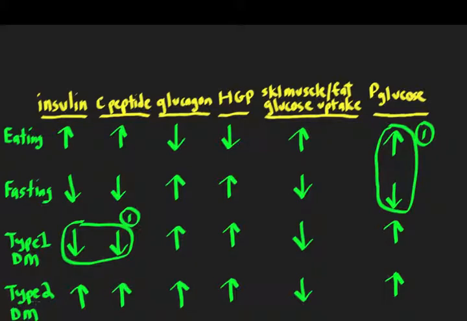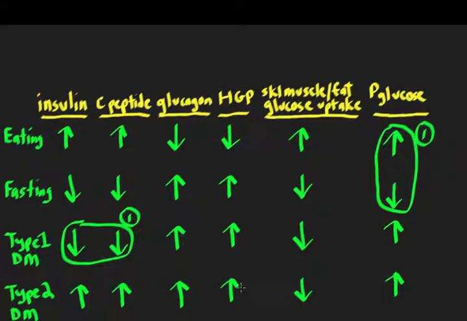So the way we have this laid out over here, the way you'd think about it is that even though the insulin is elevated, if the plasma glucose is elevated in type 2, this insulin is insufficient to counteract and overcome the insulin resistance that's making it so it can't have its effects.